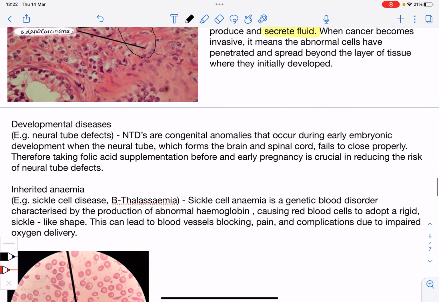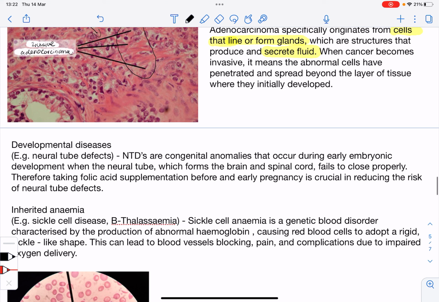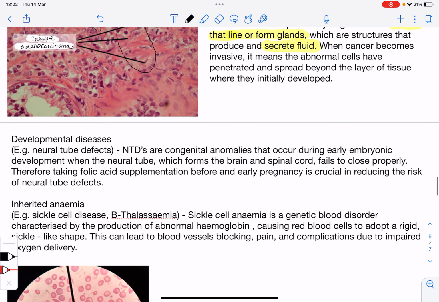As an example of a developmental disease, another intrinsic disease here is neural tube defects. Neural tube defects are congenital anomalies that occur during early embryonic development when the neural tube, which forms the brain and spinal cord, fails to close properly. Therefore, taking folic acid supplementation before and during early pregnancy is crucial in reducing the risk of neural tube defects.